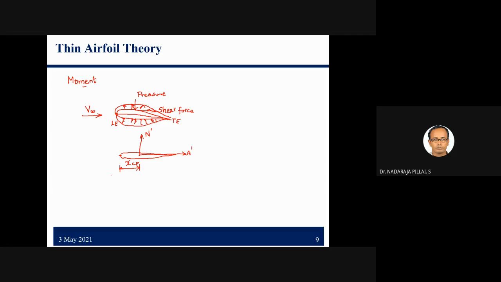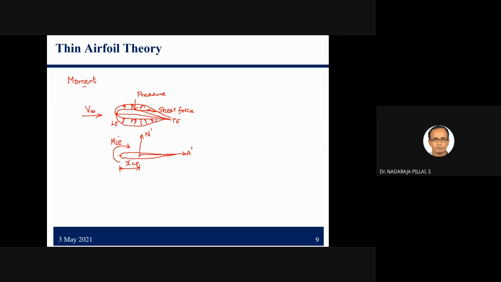Always in our cases, the moment acts like this, and I consider the moment acting at the leading edge. So the center of pressure is a point that lies here.